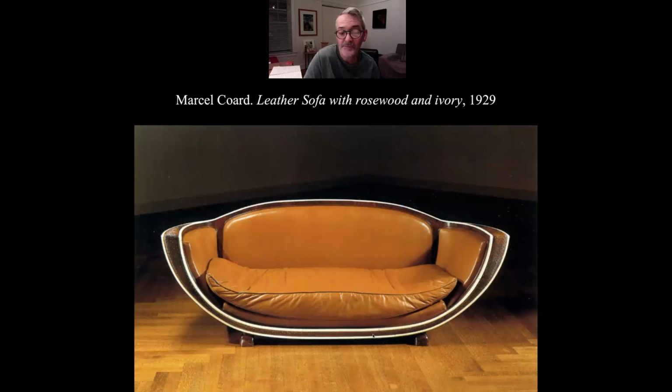I think it's beautiful, but you see the way the seat cushion is formed, where it tapers to the ends so that it fits into that big curved cavity inside.